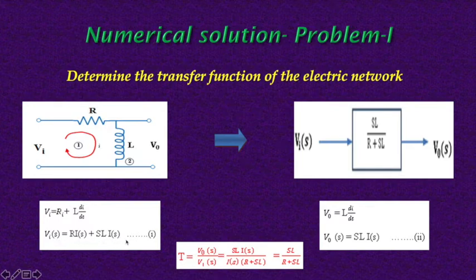This is equation 1. Then write another equation for the output: V0 equals L di/dt. Taking Laplace transform, V0(s) equals L s I(s). From equations 1 and 2, find the transfer function. By definition, V0(s) by Vi(s) equals this value. This is the final transfer function. This one is the input and this is the output.